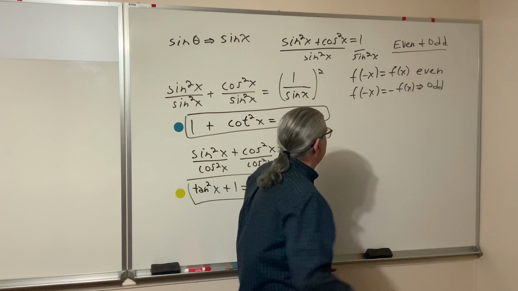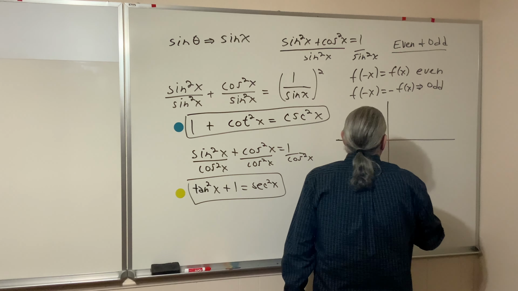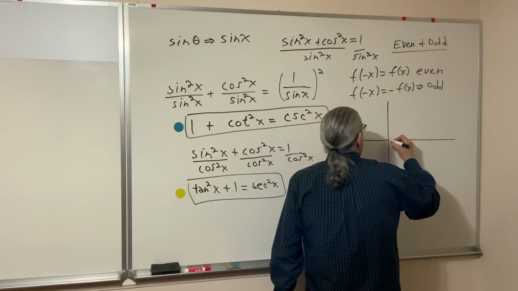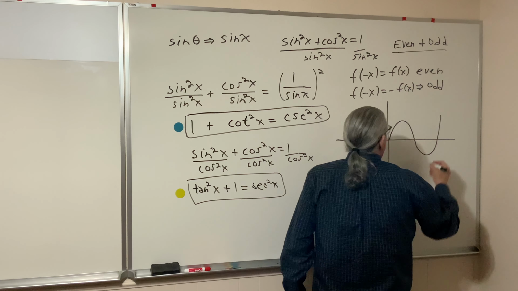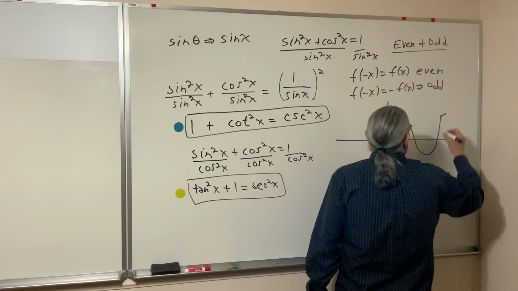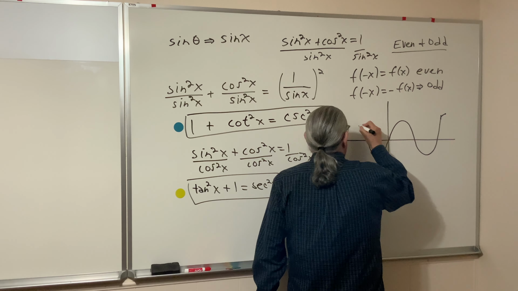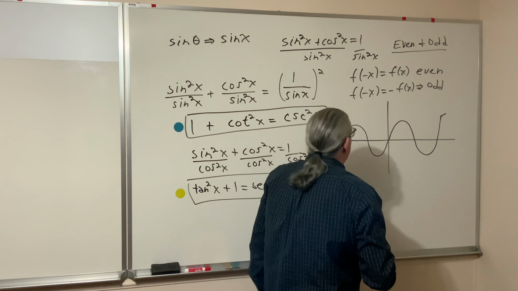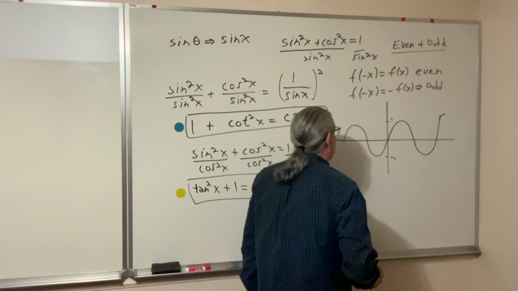All right, so first of all, let's look at the sine of x. The sine of x goes roughly like this, and it comes down like this. And here's -1, and here's 1.